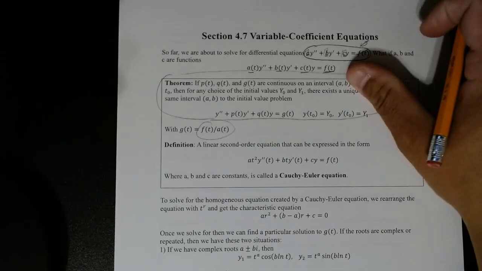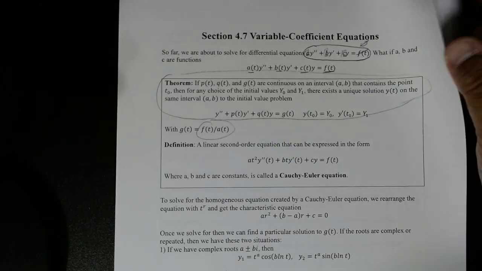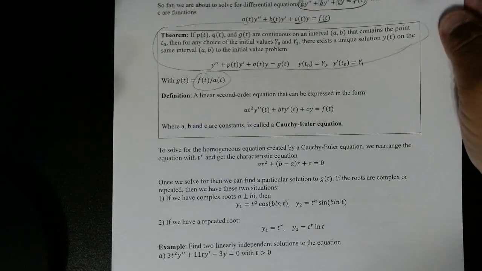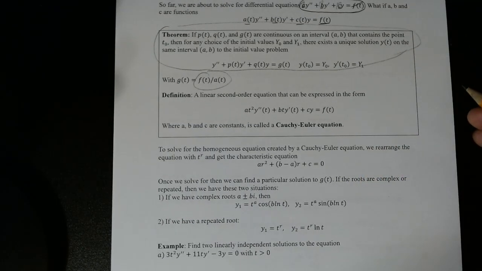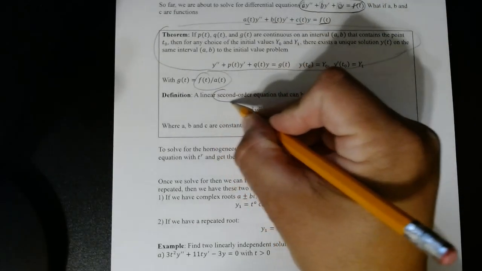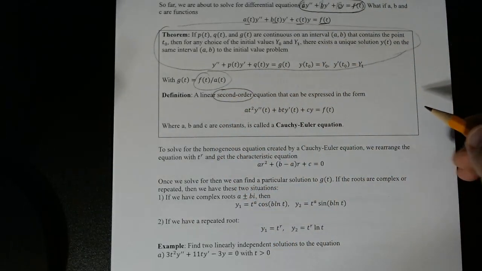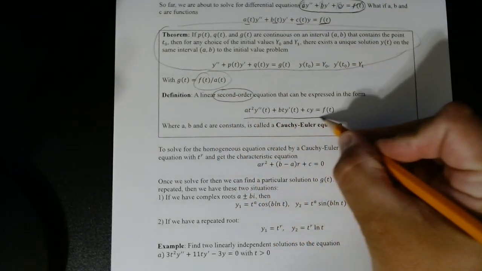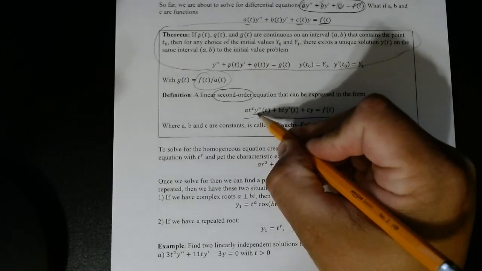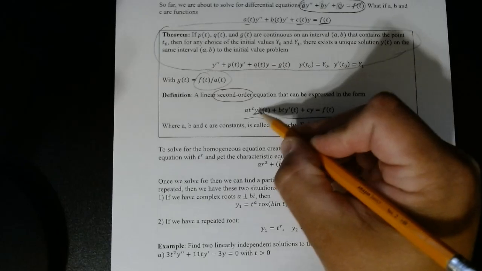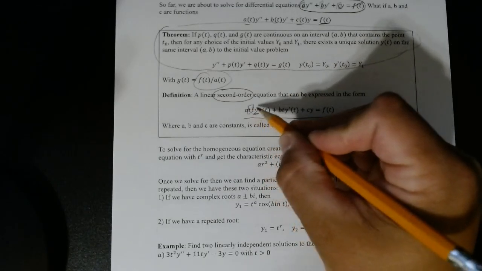What's most important is something called Cauchy-Euler equations. This is the actual type of equation we're going to be dealing with for now. These are linear second order equations of the form like this. The reason they're second order is because, obviously, it's y double prime, but it's also t squared going down.